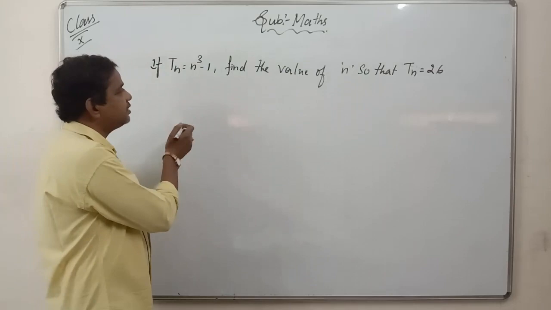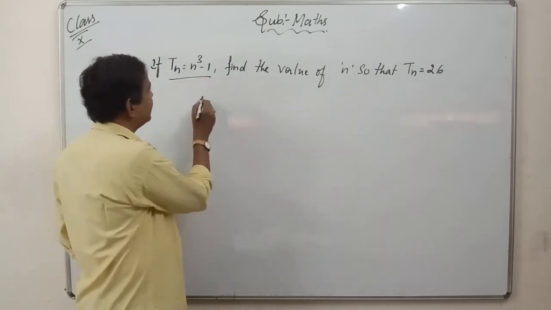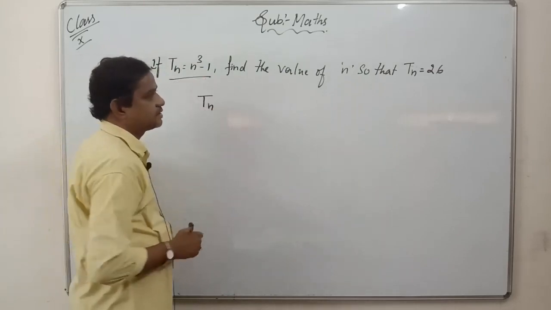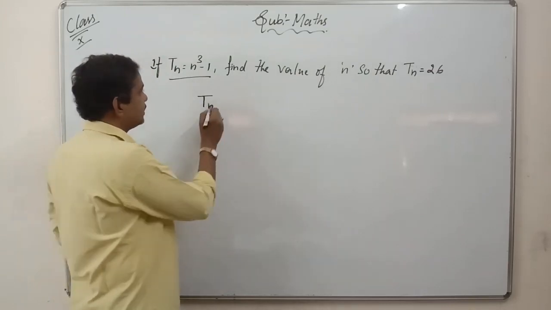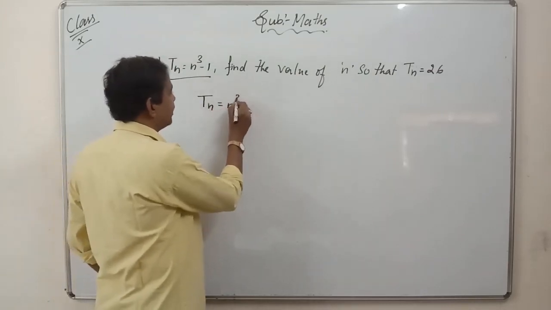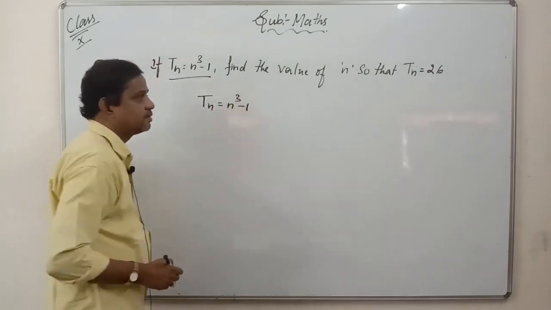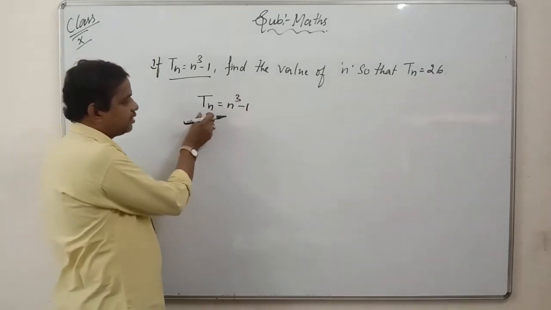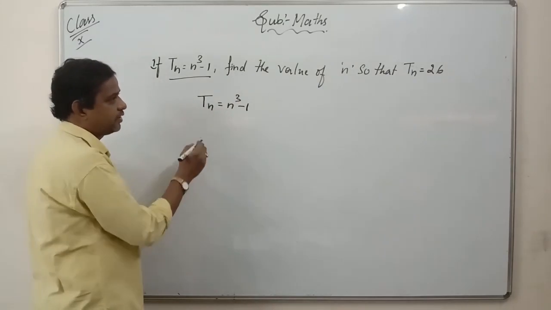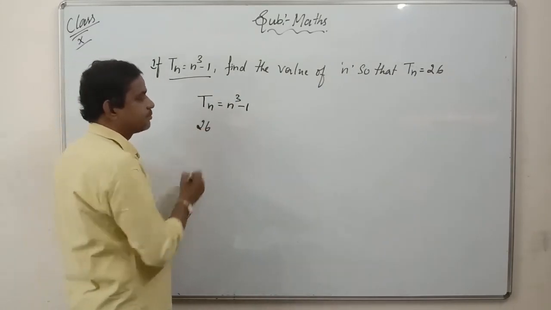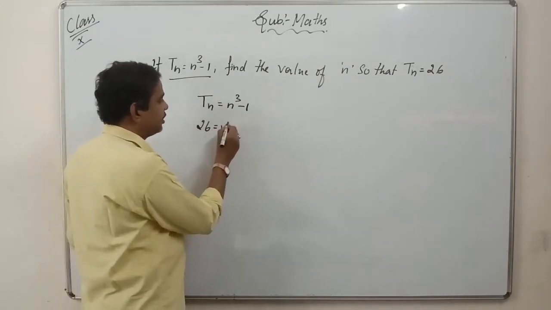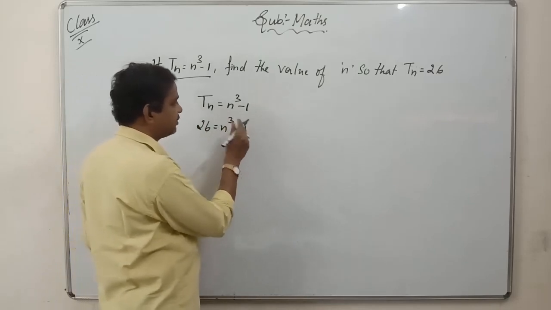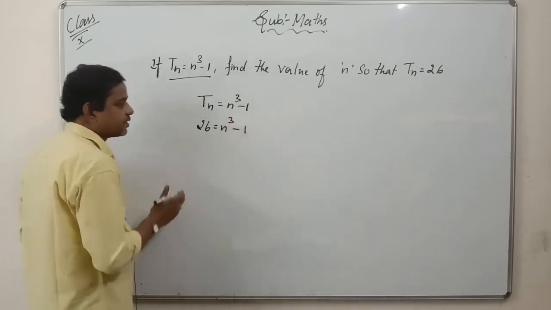So what we know, what is given here is Tn. Tn equals n cube minus 1. Got it? So what is the value of Tn here? The value of Tn is 26 equals n cube minus 1, because n cube remains same here.